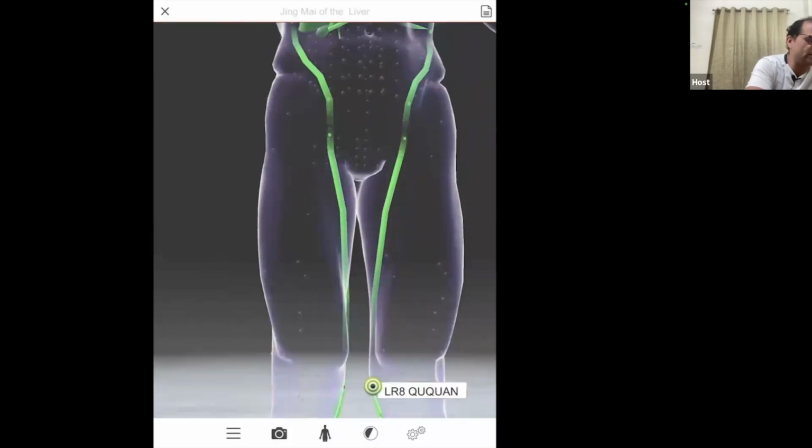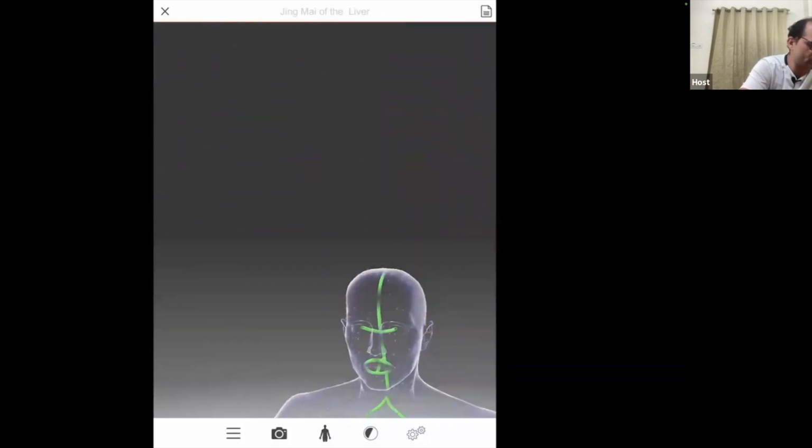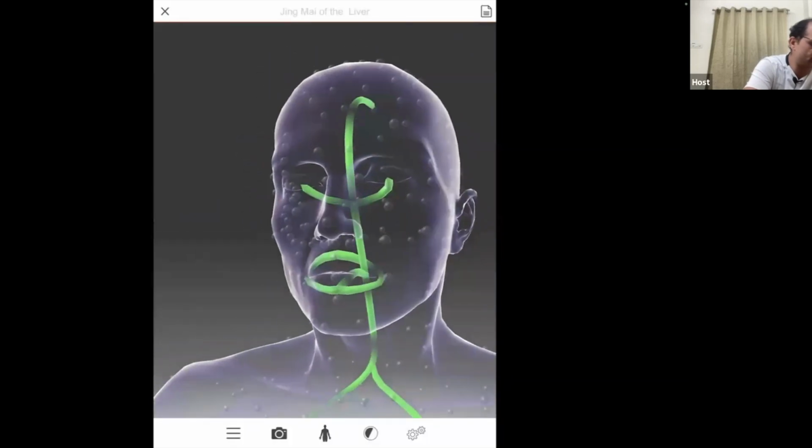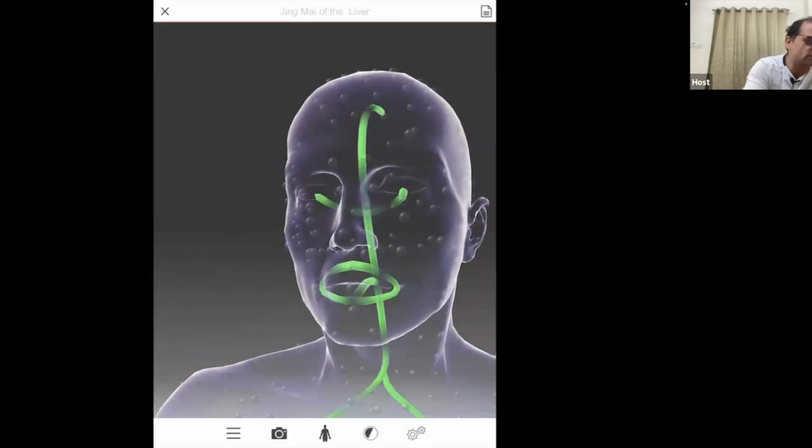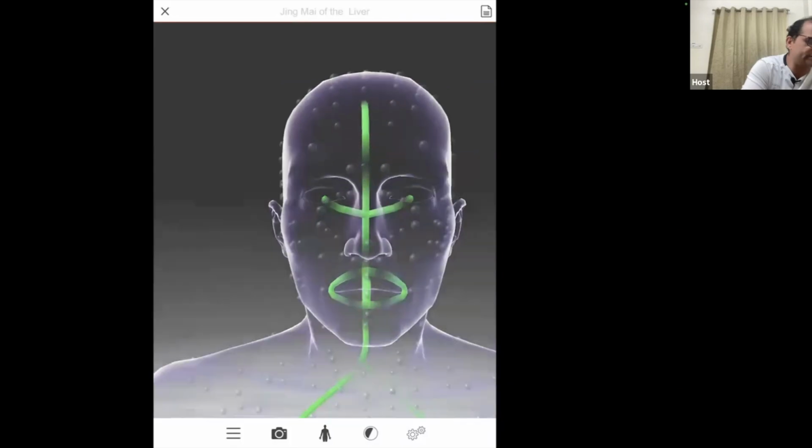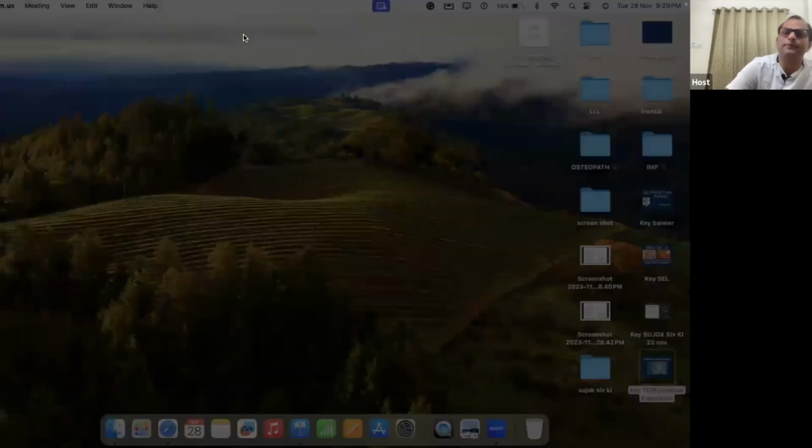Now, I'm directly jumping to the eyes. Eyes are connected with the liver. अब बताइए, आंखों में पानी कहां से आ रहा है? लिवर से आ रहा है.